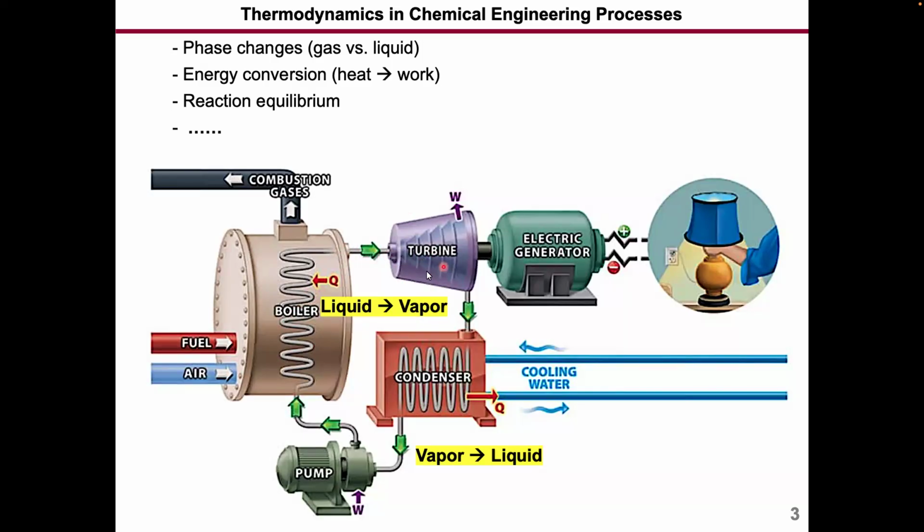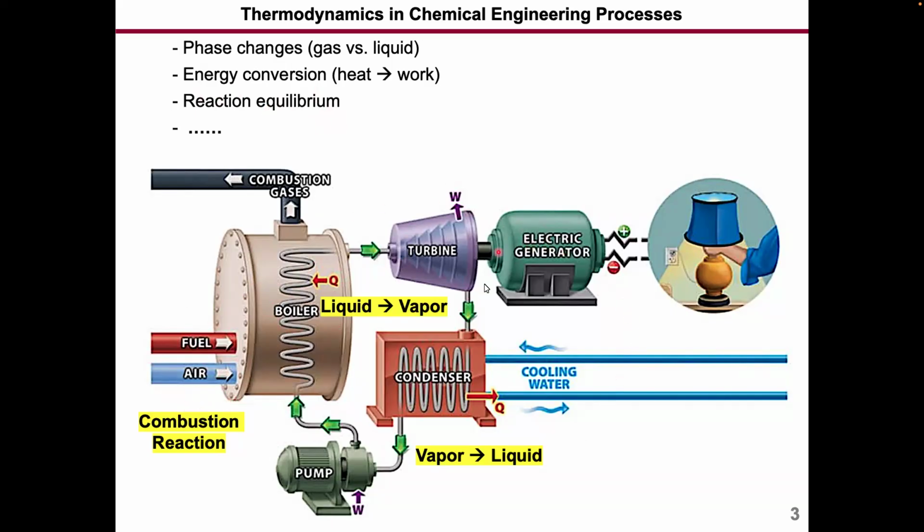and then moves to the turbine engine, right? Also, in this boiler heating process, you are talking about reaction. You have fuel and air, and they combust. It's called a combustion reaction. Because of this combustion, you generate a lot of heat, and then the heat is absorbed by liquid water, and the liquid water evaporates, right? So here we are going to talk about combustion reaction in this module as well, and about reaction equilibrium associated with these processes, right?